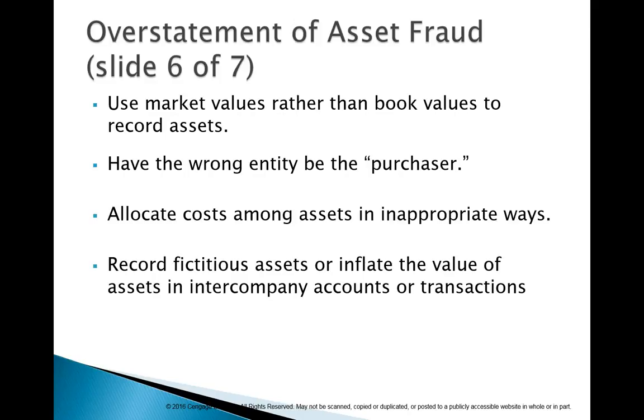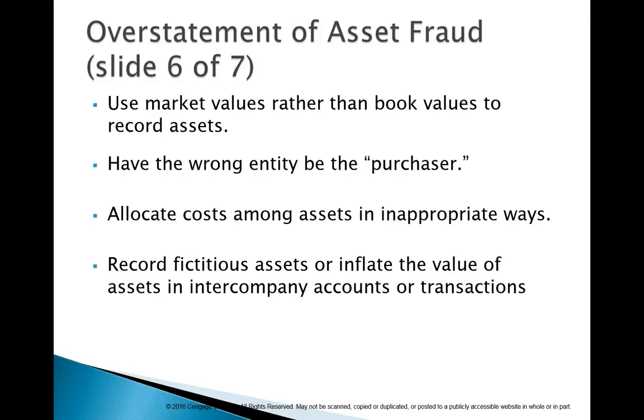So Facebook records the building at its current market value. They'll get an appraisal on it and then record it at its current market value, then depreciate it from there.